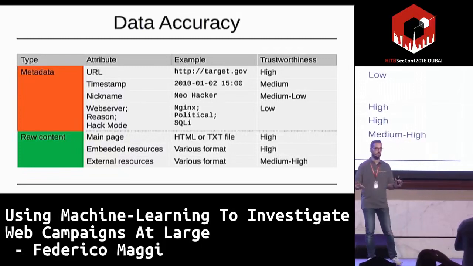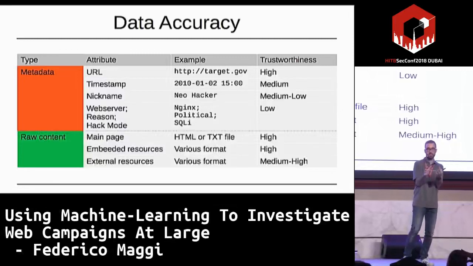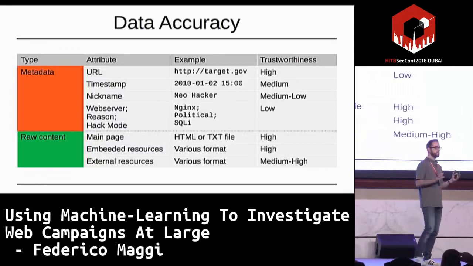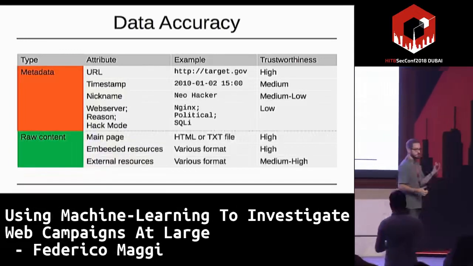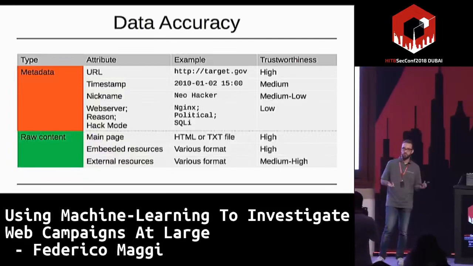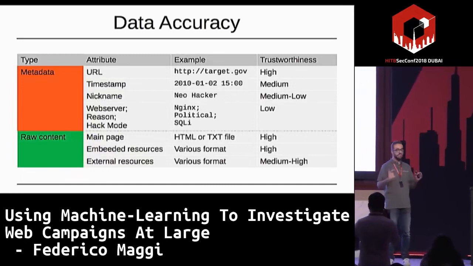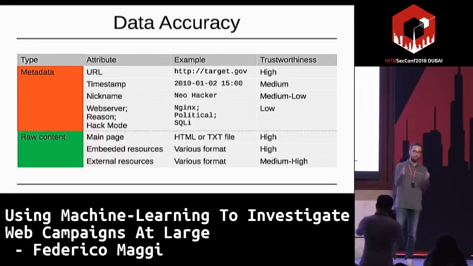They have no interest in planting content that does not match the motivation of the attacker. So we can trust the defacement part, the raw content in green, a lot. So images, embedded resources, external resources, those you can trust. You can be sure that that data has high trustworthiness. It's what the attacker meant to plant in there.